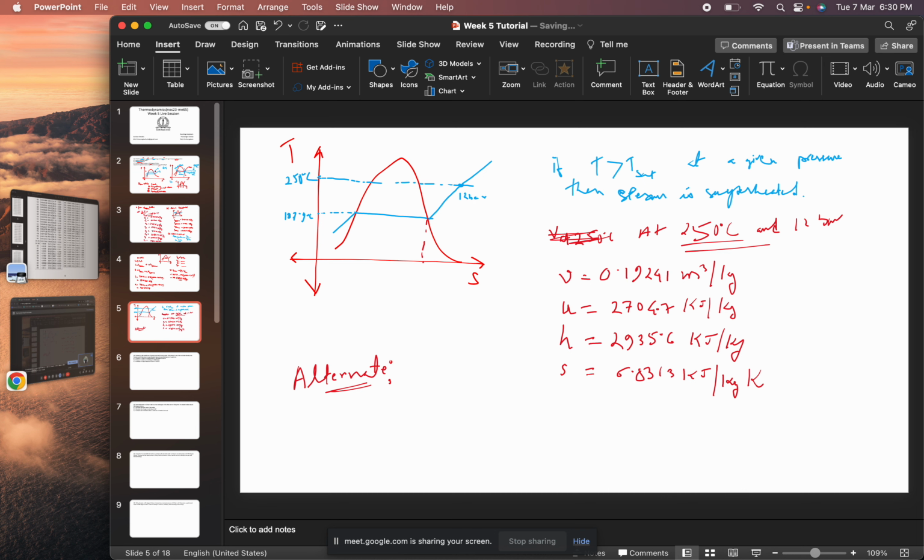If I take this point as 3, then my H3 is the enthalpy up to this point, Hg, plus whatever enthalpy change has happened from this point to point 3. Since the Cp value is given to us, it will be Cp into T superheated minus T saturated. I think these values are given. The Hg value we already know.